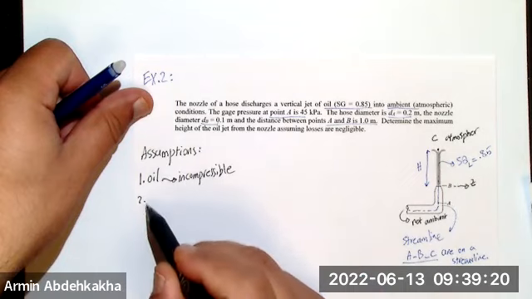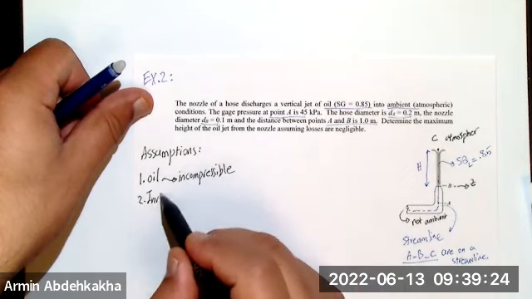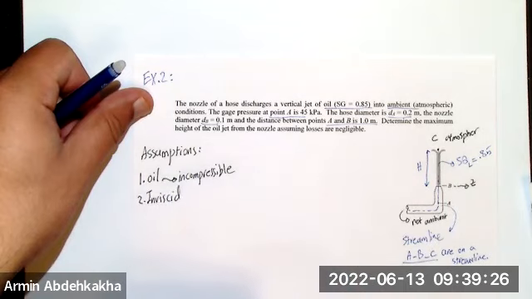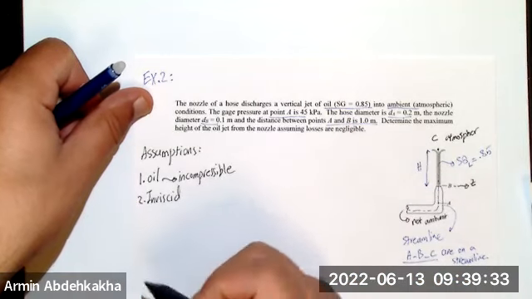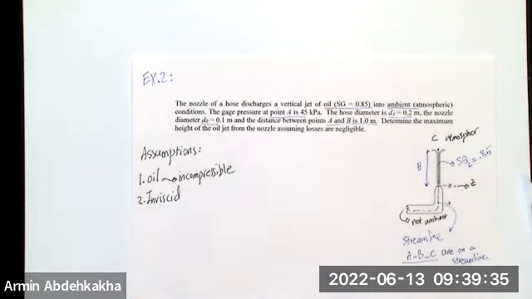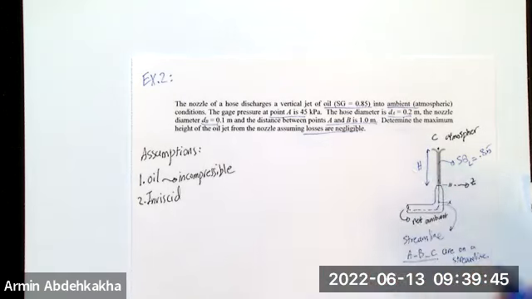Two, it is inviscid, you can apply that because of the type of oil that you have, and nothing mentioned otherwise, so you can assume it is inviscid. Absolutely, it's not a perfect assumption, but here it mentions that the losses are negligible, right?